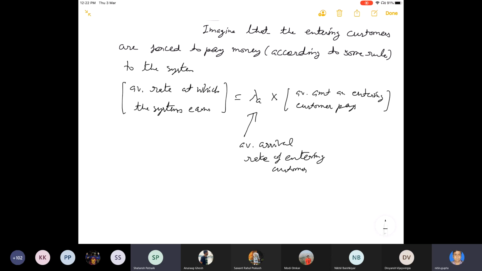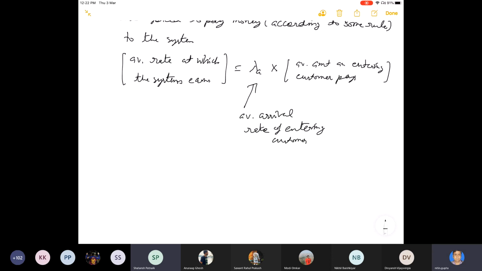And lambda is basically the average arrival rate of the entering customer. So lambda A we can find out: if N(t) is the number of customer arrivals by time t, then lambda A is the limit as t goes to infinity of N(t) by t.